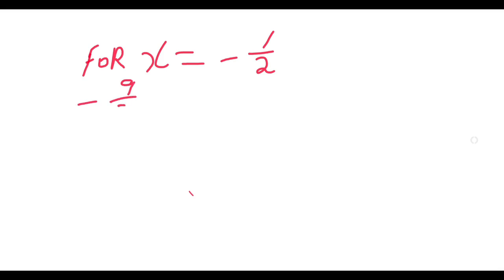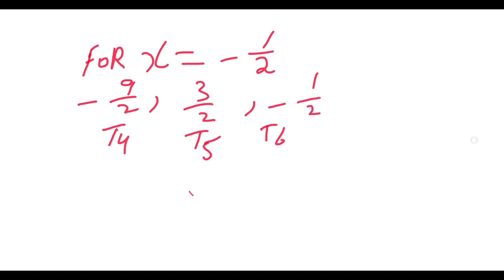So we got term 4, term 5, term 6. Negative 9 over 2 is term 4, term 5 we got 3 over 2, and term 6 we have negative 1 over 2. So now I'm going to find the general term.